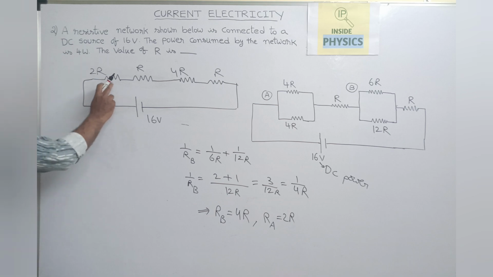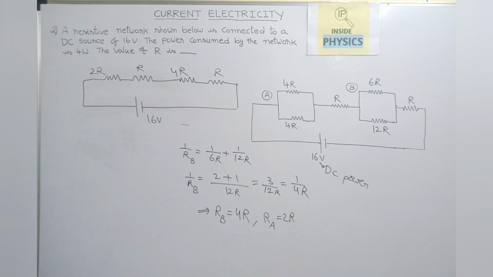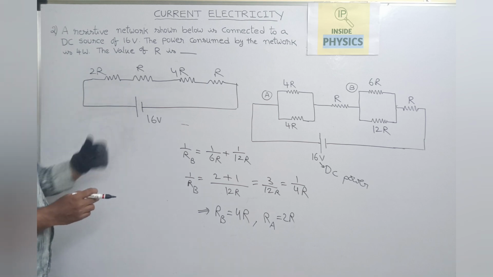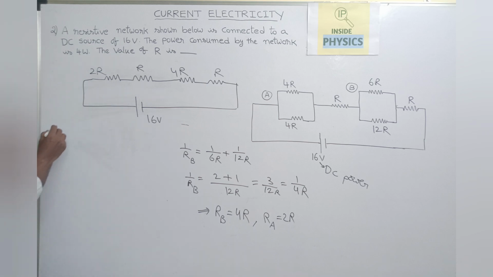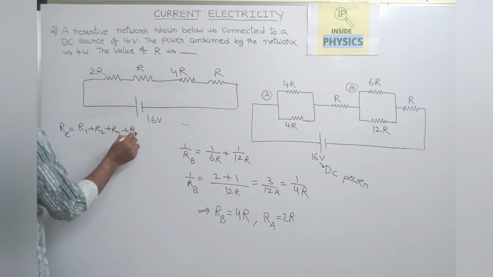Here if you observe, these 4 resistors are connected in series. So what is the effective resistance of the resistors which are connected in series? The effective resistance will be R1 plus R2 plus R3 plus R4.